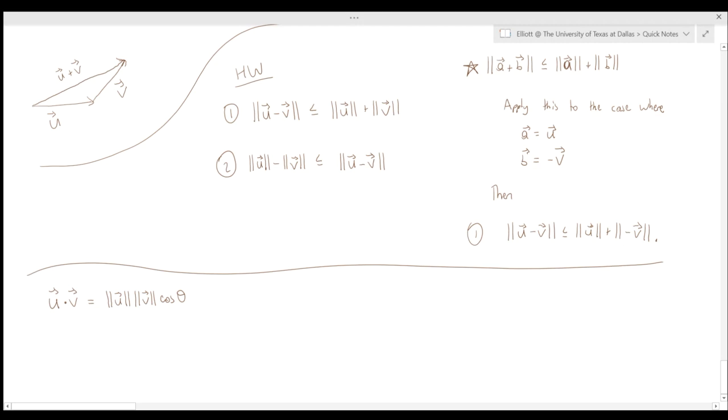As I noted earlier, we know that cosine is always between -1 and 1. In particular, cosine will be equal to -1 at the angle of pi, and cosine will be equal to +1 at an angle of 0.